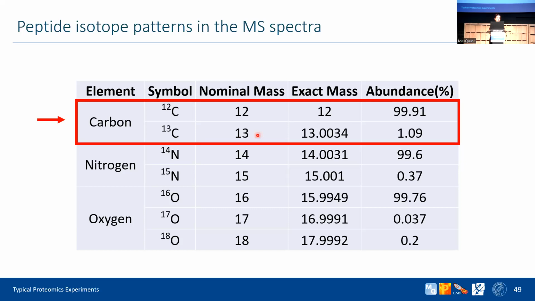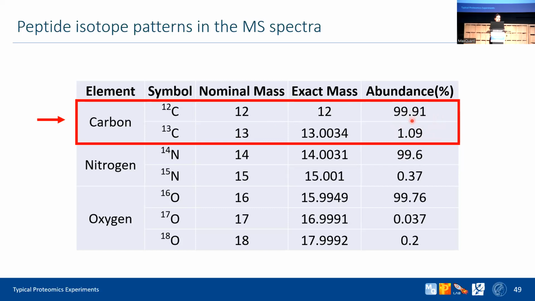Since we're doing mass spectrometry experiments and we're measuring mass, actually mass over charge, you understand that this will affect our measurements. Here you can also see the abundance of the different isotopes.